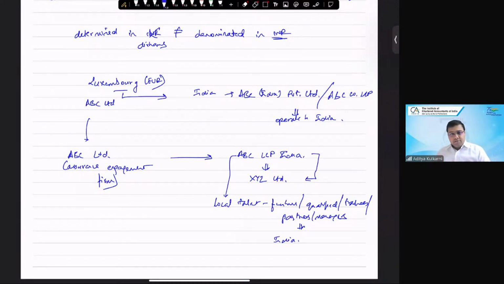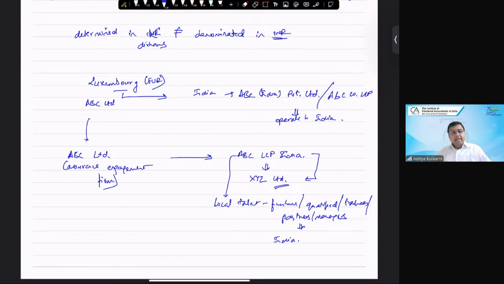Now just think from a business angle, not from a professional angle. Suppose you are the CFO of XYZ Limited. ABC LLP India has to quote the audit fees for you. Can it quote the audit fee keeping in mind the market conditions of Luxembourg, or should it quote the audit fee keeping in mind the economic environment of India?